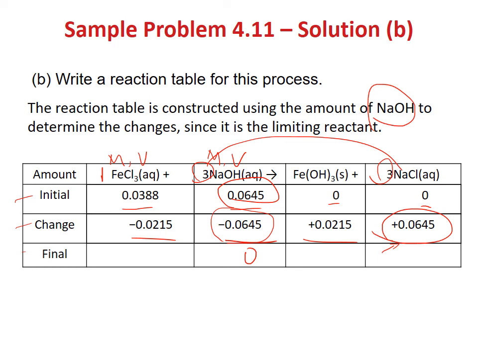Then we calculate the final, and you can see in the final, sodium hydroxide is all consumed, 0 left. Iron chloride still has some left, 0.0173. And these are the products we formed. That's just what we calculated in the last slide.